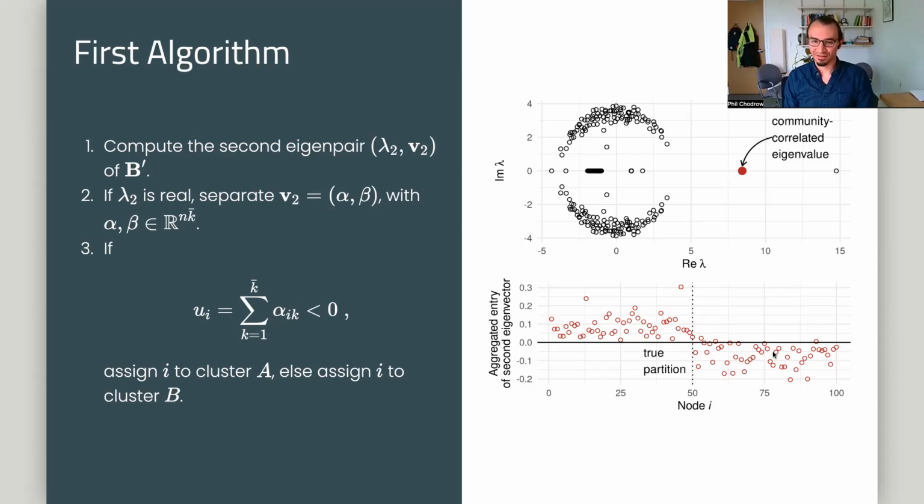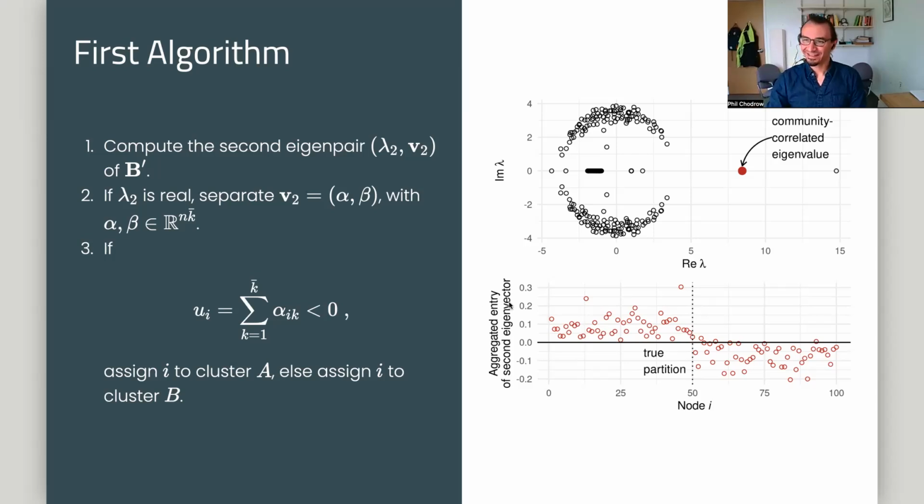We separate it into two parts, alpha and beta, and then we take alpha and sum it over edge sizes. The result is at the level of nodes, so we get one number for each node. By inspecting the sign of those numbers, we can decide which cluster to assign each node to. So the first algorithm is a spectral algorithm based on the hypergraph non-backtracking operator.